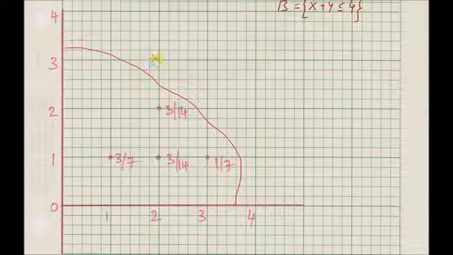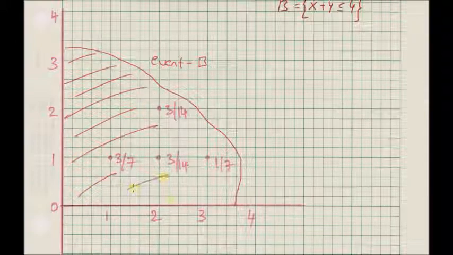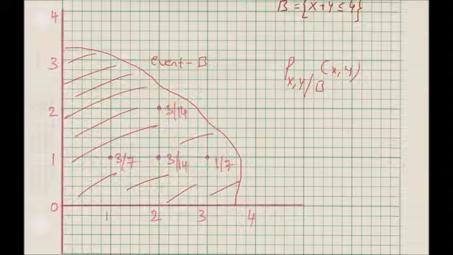So for the event B, the joint conditional probability mass function is given by the values shown here. The joint conditional mass function has values only at (1,1), (2,1), (3,1) and (2,2). Therefore, the joint conditional mass function is given by the following table.